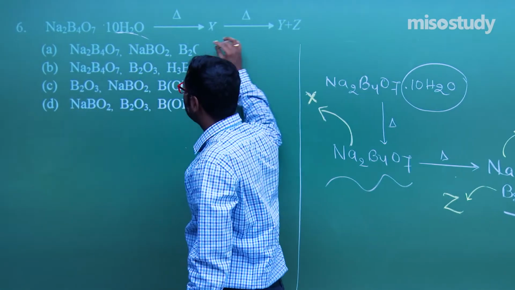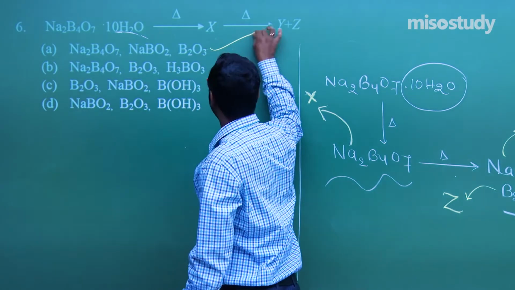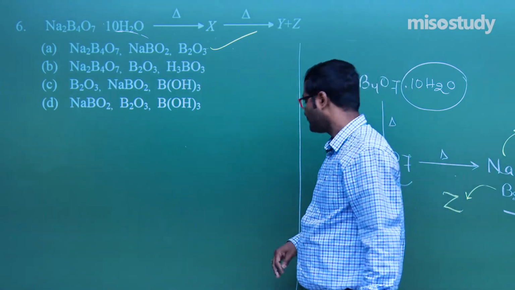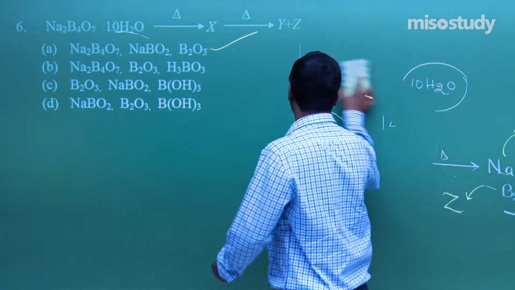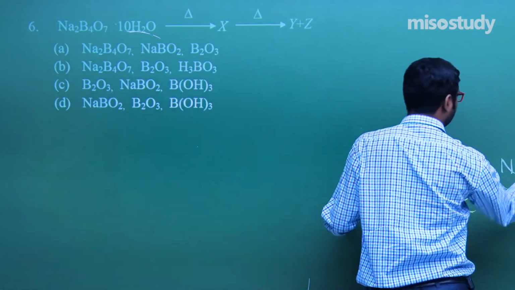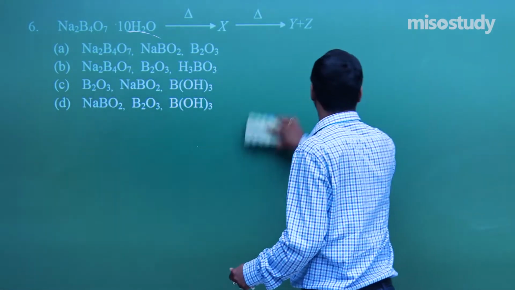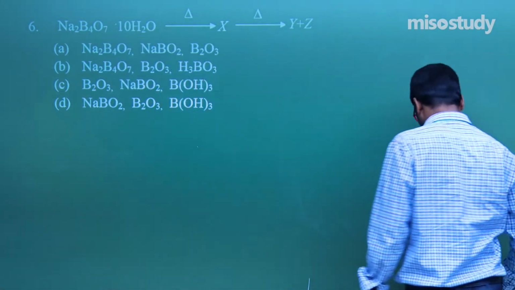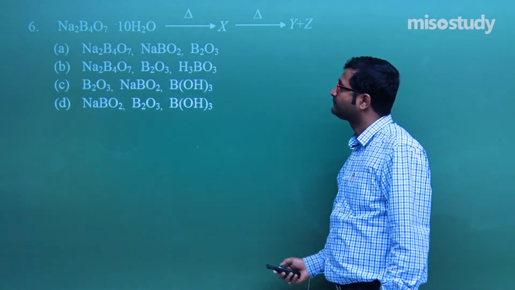So for this question A is the correct answer. Clear friends? Let's move to the next question.